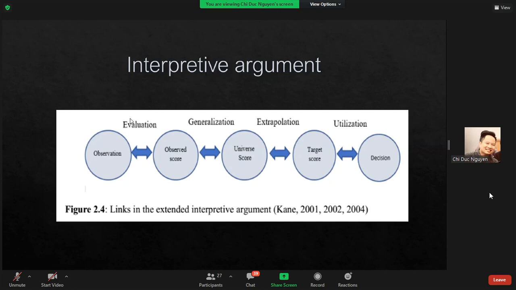Okay. However, this model proposed by Kane has some limitation. Can you please tell me what is missing here?